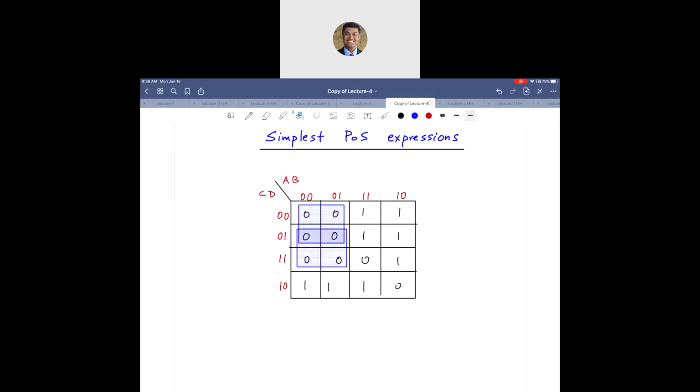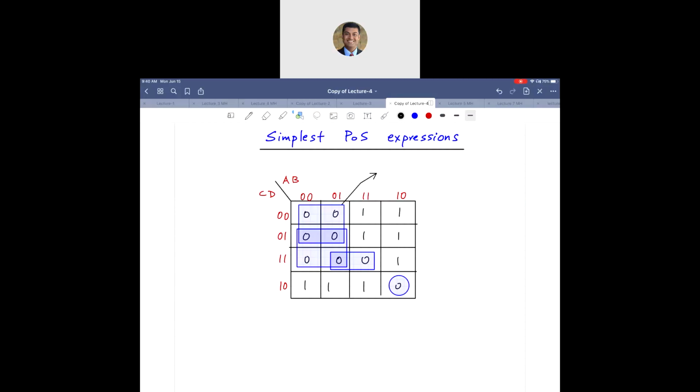This 0 cannot be combined with anyone, and the left out 0 can only be combined with this. I have covered all the zeros, so I'm done. I'm simply going to write the expressions for this.